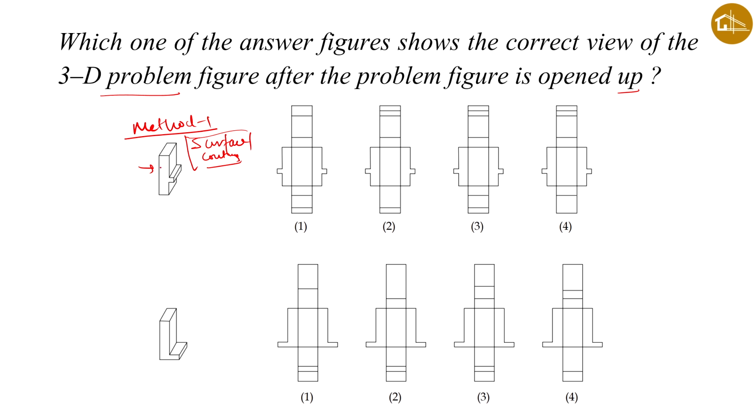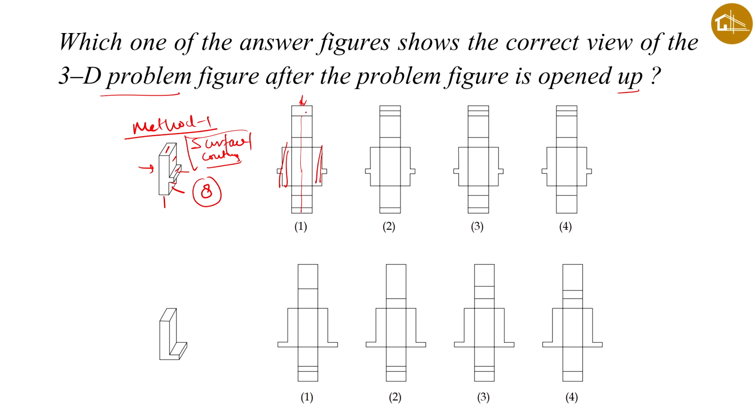This portion 1, you see this thing, 1 2 3 4 5 6 7 8. So there are 8 faces. We are not counting these things, because this is common in all of them; we are counting only these surfaces. So there should be 8 faces. Now compare with the option figures.